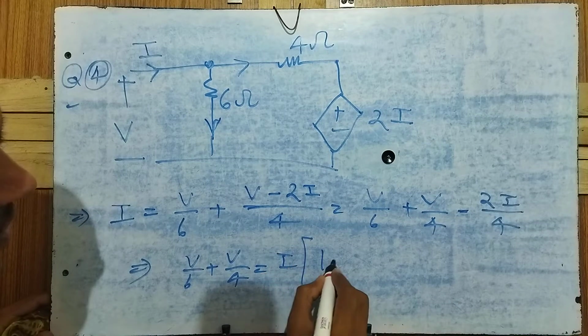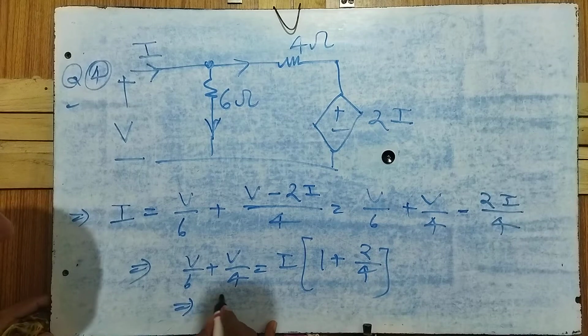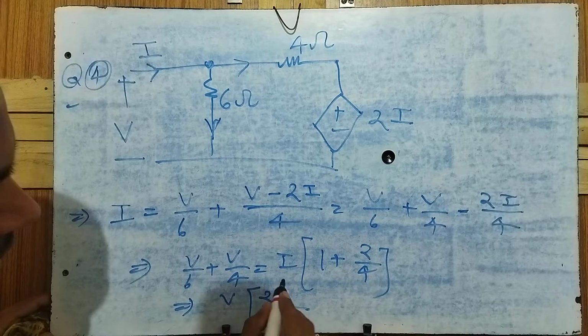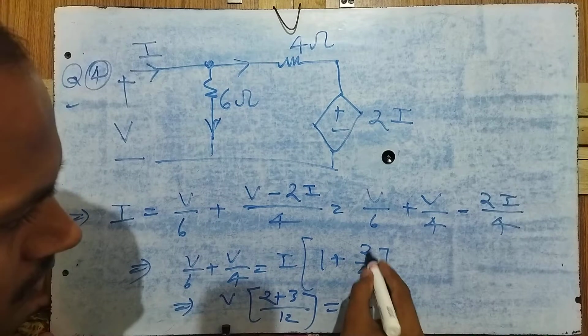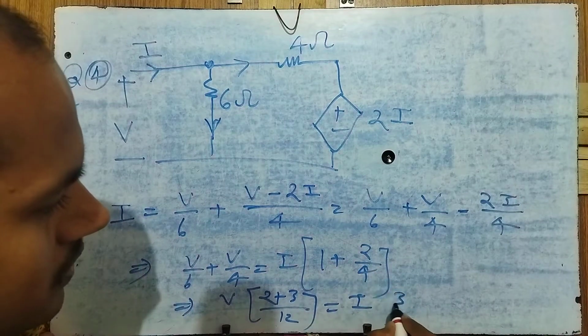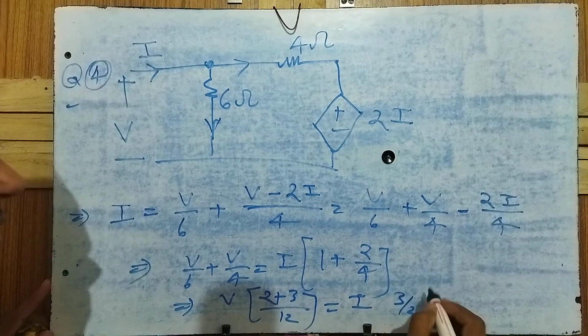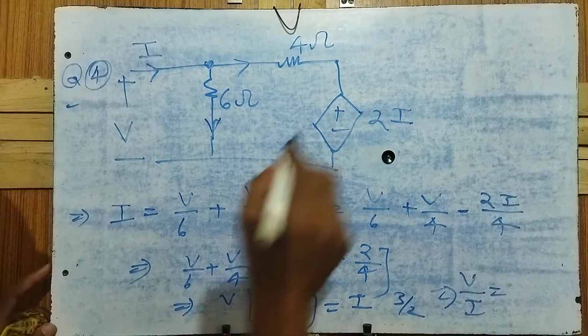If I take I common, it is I(1 plus 2 by 4). So V times (LCM 12) (2 plus 3) by 12 is equal to 3 by 2 I.